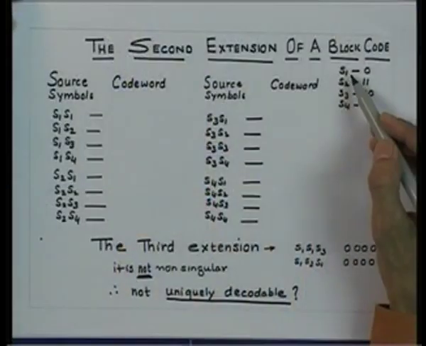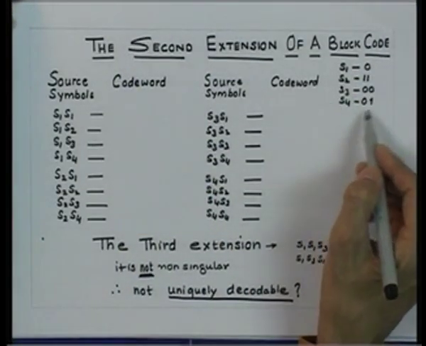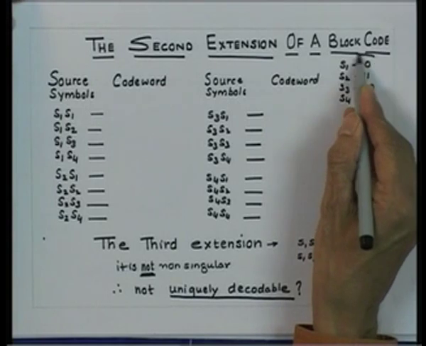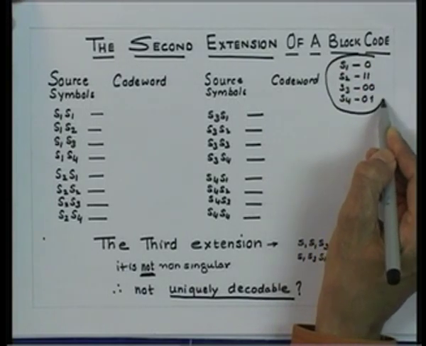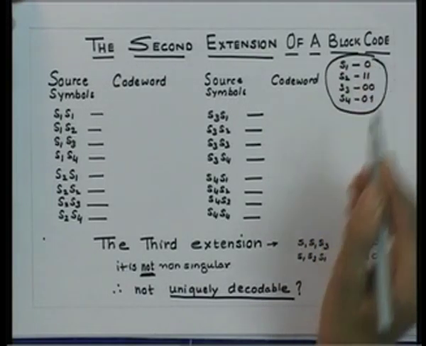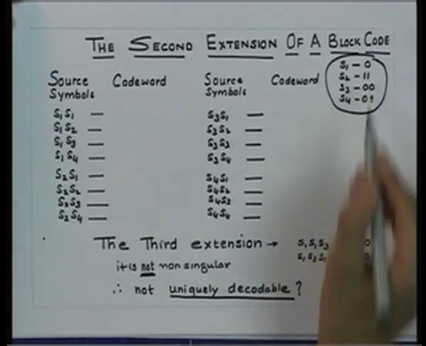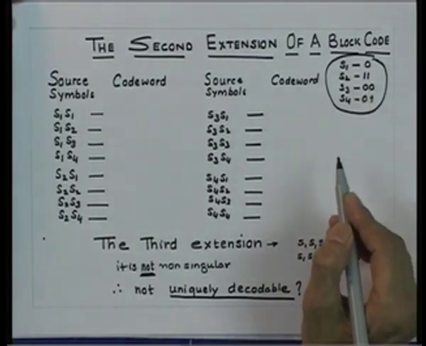Let us try to understand this concept with the help of a simple example. Let us again consider the block code which we had designed earlier. This is a binary non-singular block code which we had talked of.